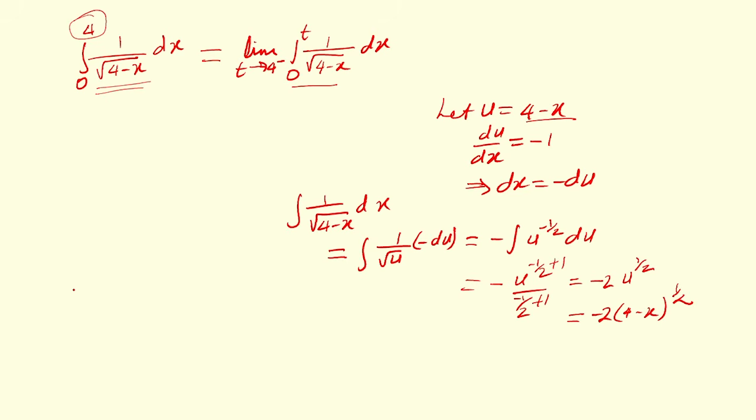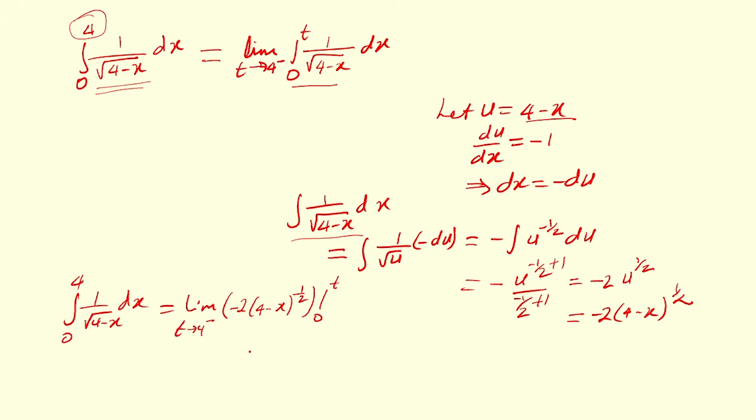So now the integral from 0 to 4 of 1 over square root of 4 minus x dx is equal to the limit of the antiderivative, minus 2 times (4 minus x) to the power of 1/2, from 0 up to t as t goes to 4 from the left. That is the limit as t approaches 4 from the left.